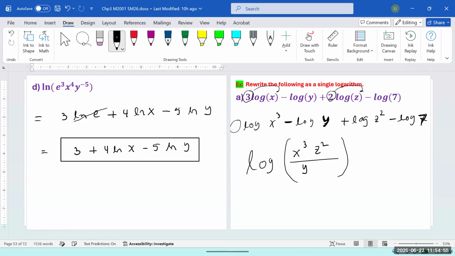And how about the last one, 7? Denominator. And that's it. We rewrote multiple logs into a single log. You can write y7, but it looks weird. So I wrote 7y. Any question?